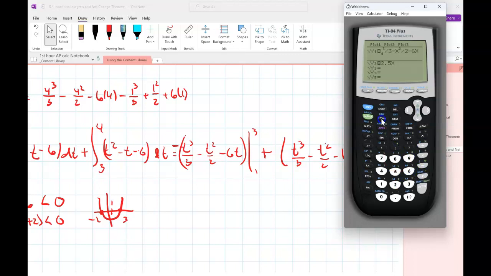So that's my antiderivative, right? So I'm going to do negative, parenthesis, y1 of 3 minus y1 of 1, plus y1 of 4 minus y1 of 3.